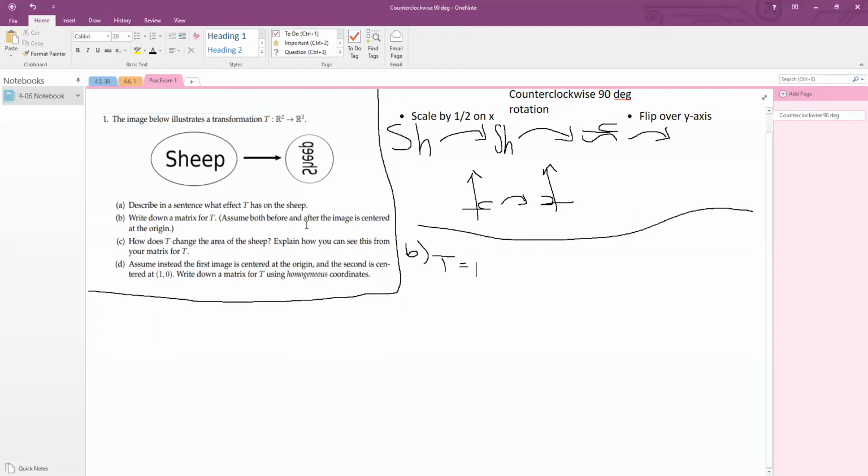You want to write the first thing you do furthest to the right, and the last thing you do on the left. So we're going to go from last to first, backwards from the order we wrote the transformations in. Our first matrix is going to describe the flip. Our second matrix is going to describe the rotation. And our third matrix is going to describe the scaling.